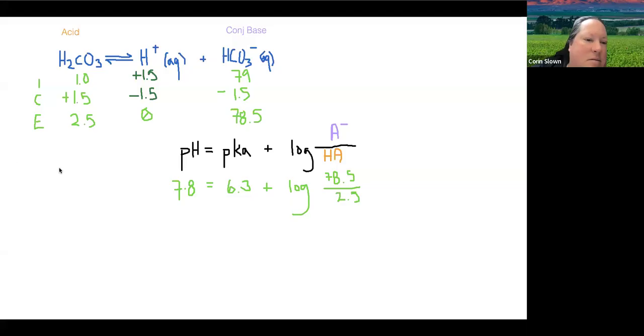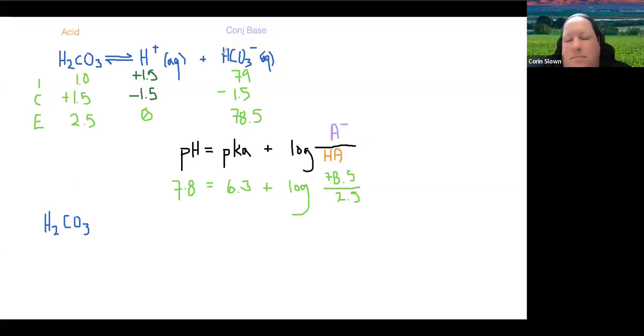because now we've got our acid. And this is a really interesting question, because when you add a base, what is the base going to react with? Does it react with our carbonic acid, or does it react with our bicarbonate?